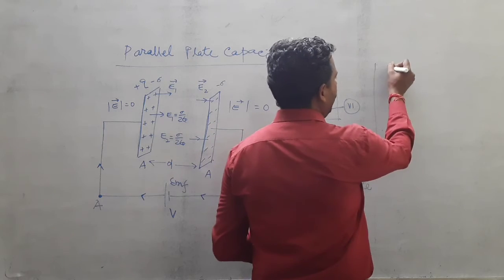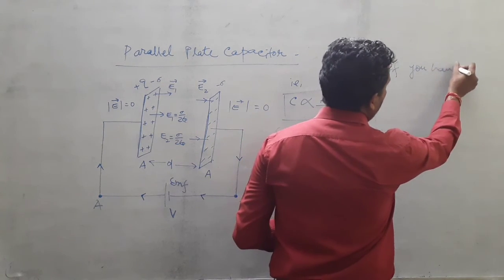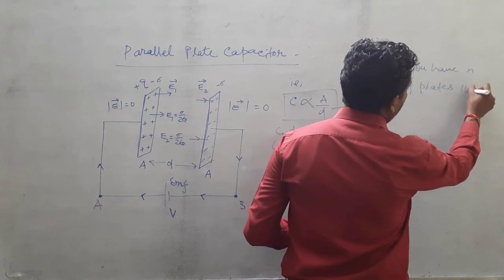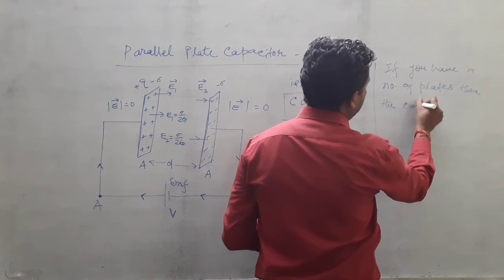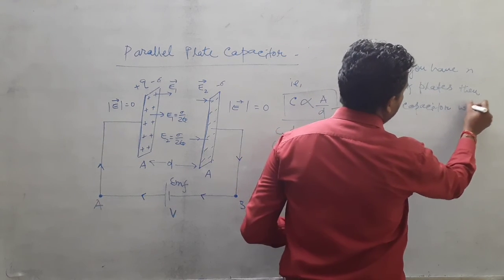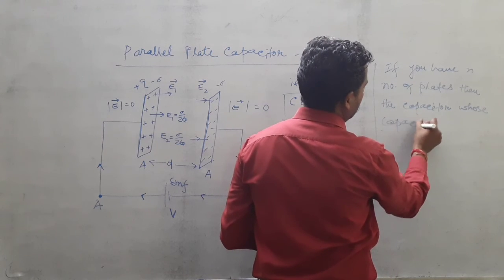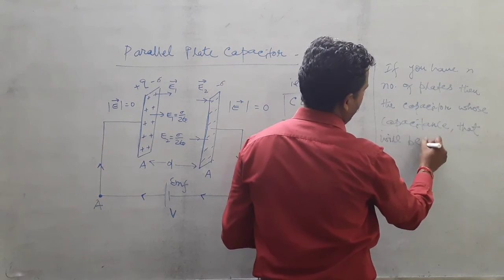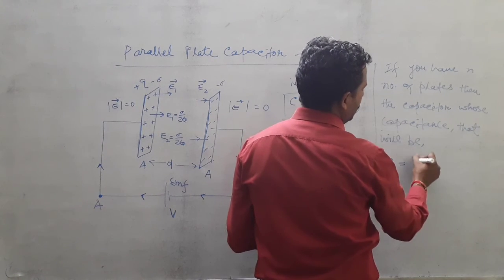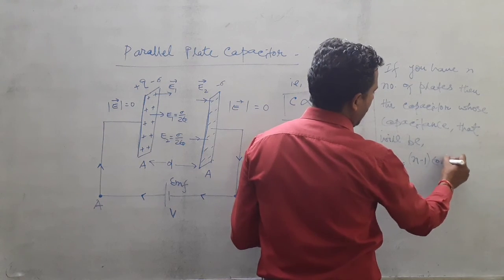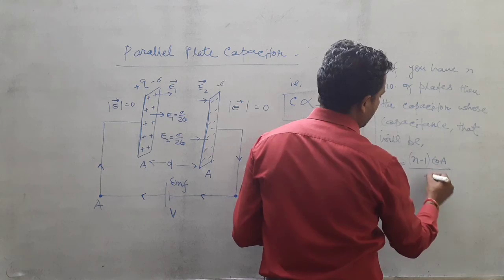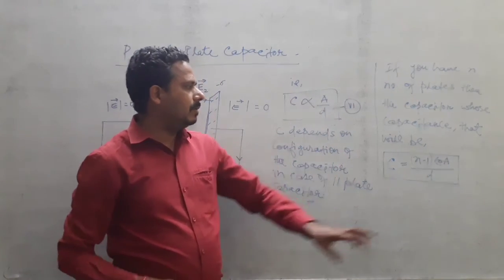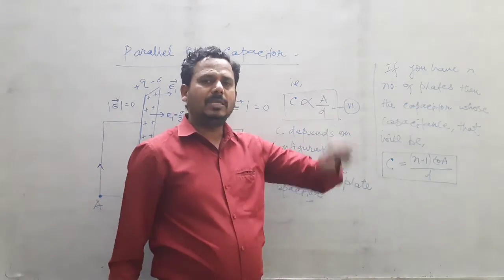So suppose you have n number of plates, then the capacitance of the capacitor will be C is equal to n minus 1 epsilon naught A by D. So your capacitance will be n minus 1 epsilon naught A by D. That is one less than the number of plates.